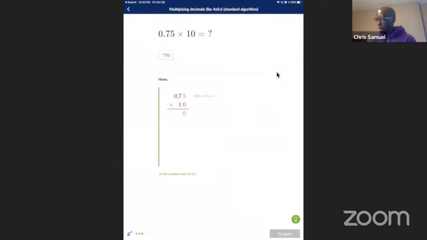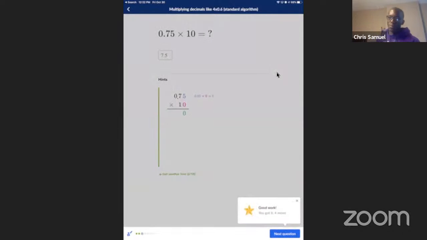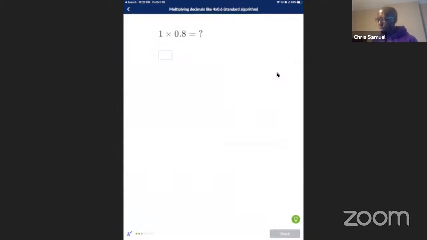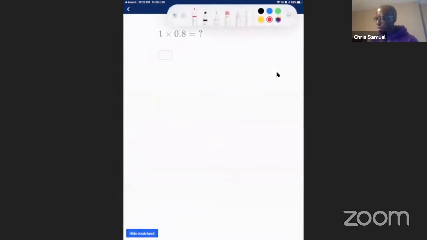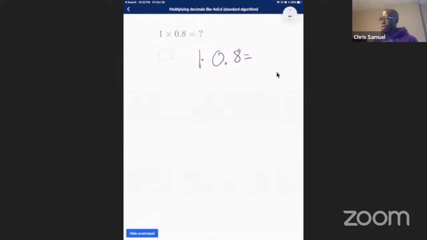Oh, I think I got an idea now. Yeah, I was going in the wrong direction. So there we go. Now we can put in this 1, and then 0.8 is very similar to 1 times 8, which equals 8.